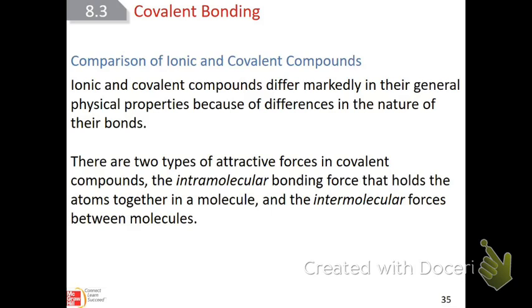On the other hand, covalent compounds, when they are put into water, they don't break apart. Think of carbon dioxide gas. That's how sodas are made, they bubble carbon dioxide gas through the syrups that we make our sodas from. They are mostly gases at room temperature. So they're free spirits. So they have extremely different properties from each other.